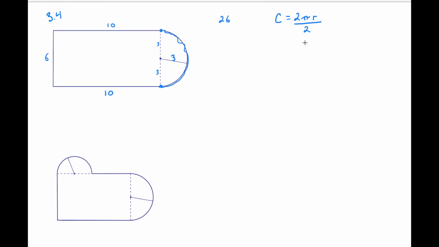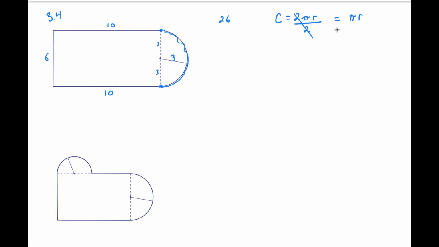So right away, we can go ahead and factor out some things. We can eliminate the 2 here. Because these are multiplied by each other and this is divided by 2, we can eliminate the factor of 2. So in a half circle, your formula is pi times the radius. Okay, we canceled those out of each other.